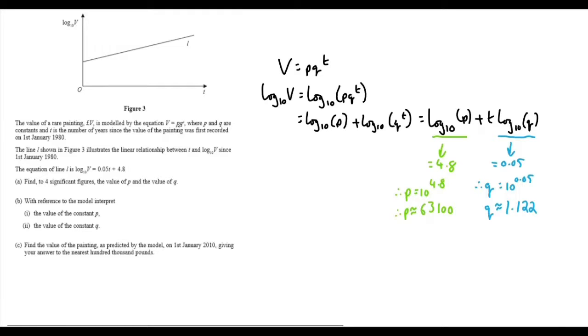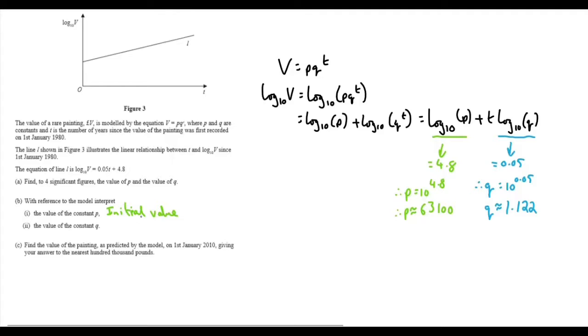Therefore, all you'd be left with is essentially v equals p when t is 0. That means that p is the initial value of the painting. So originally this painting started off with a value of £63,100.